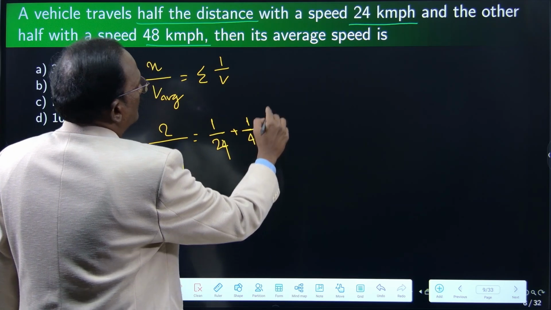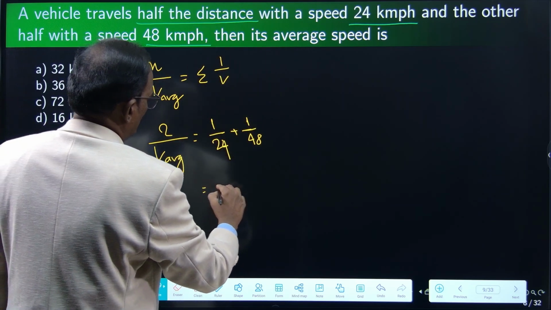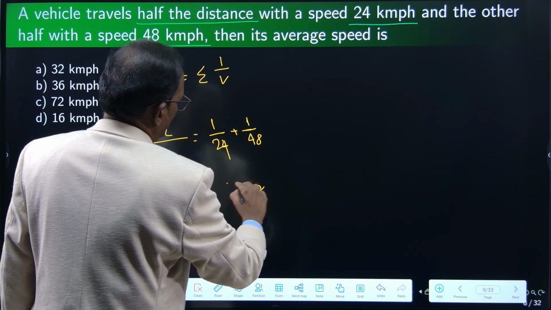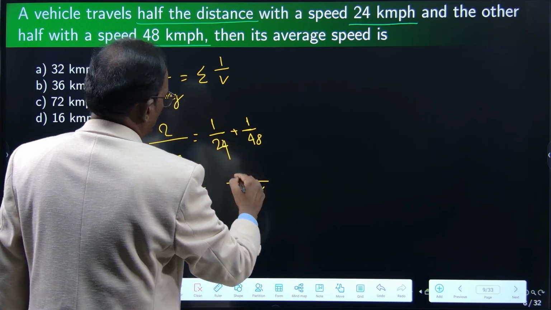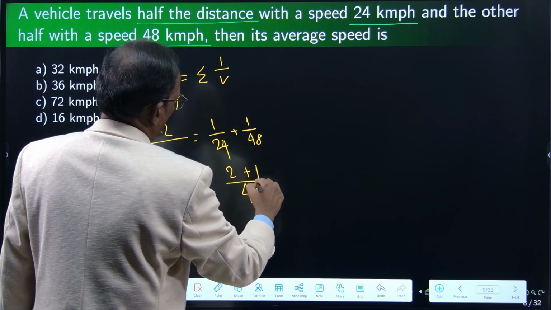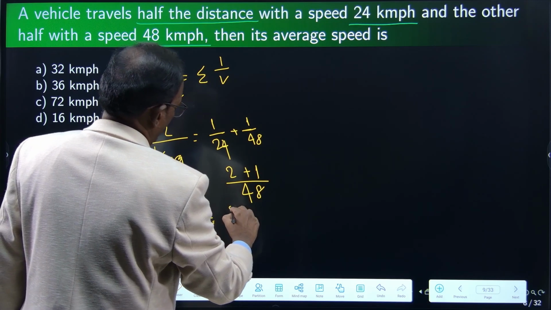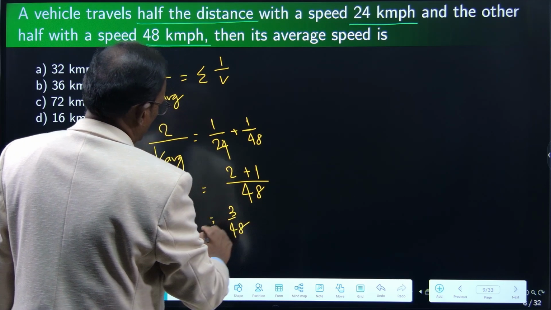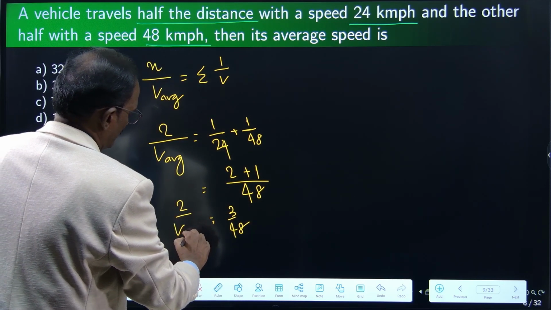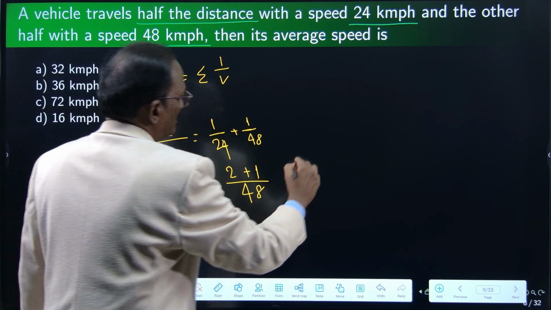Then 48 is taken here, then this is 2, this is 1, 3 divided by 48. This is 2 by v average.